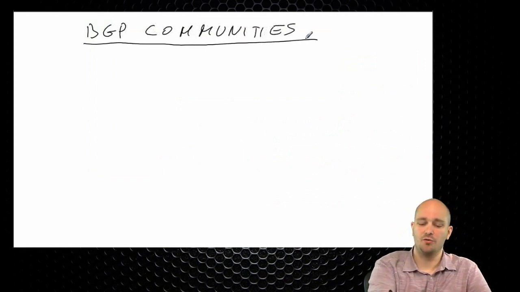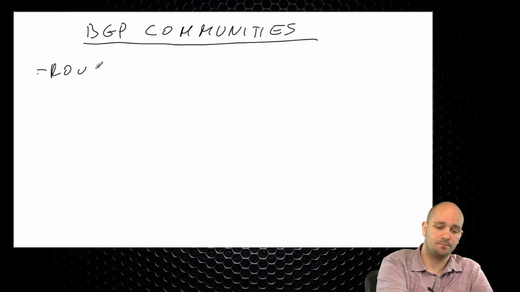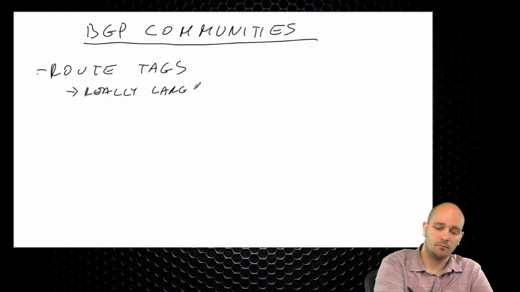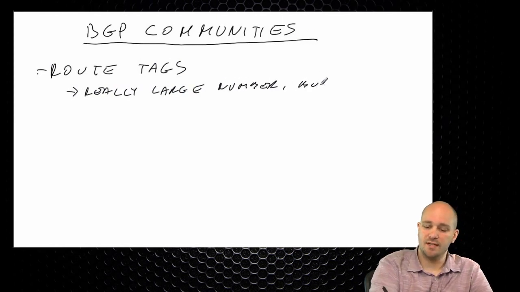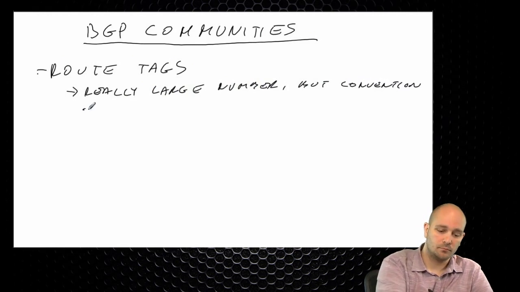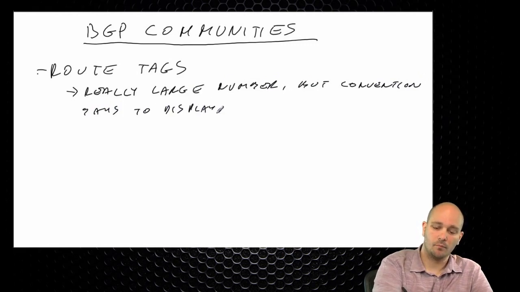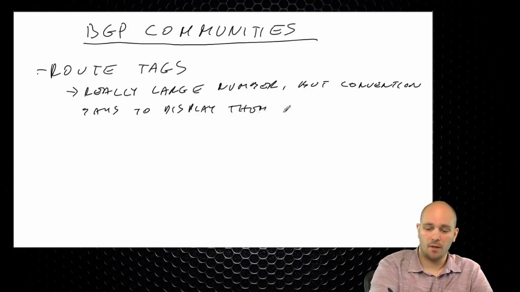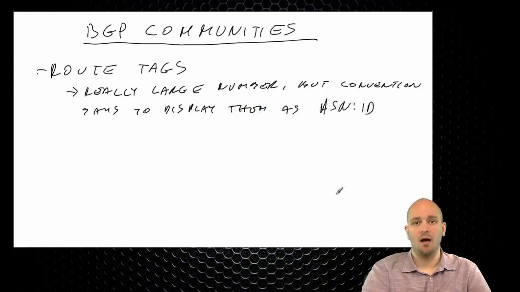BGP communities are really just route tags. They have the format of a really large number, but convention says to display them as AS number and some identifier.